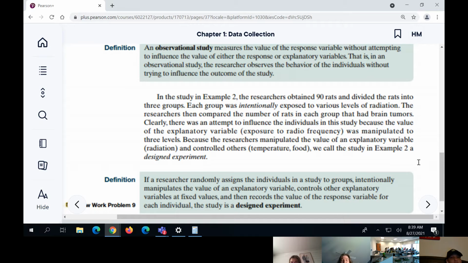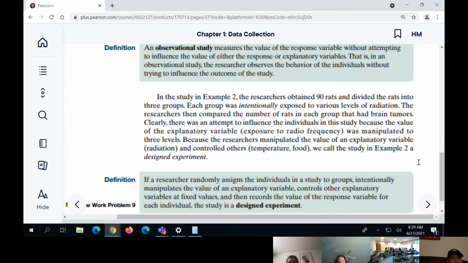If you have a mouse and you put him in a maze, that's observational. If you throw a piece of cheese in the maze, what have you done? You turned it into an experiment. Now, there are people that will argue that you threw a maze in the mouse's world, and that's an experiment. You could argue that, yes. But I'm trying to show you the difference between the two.